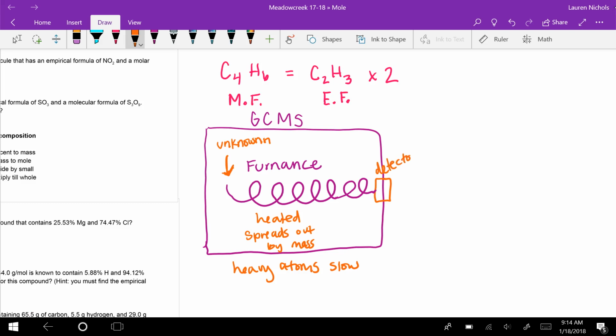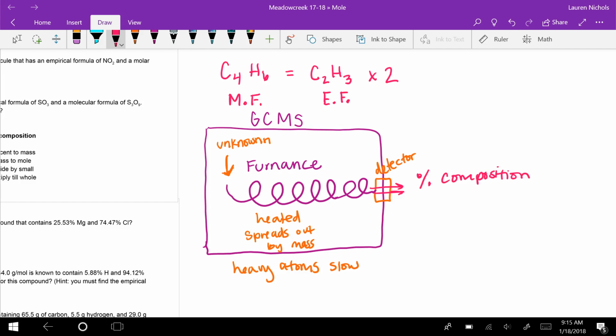And as it spits out these superheated atoms, it counts them. And because they're separated by mass, it can determine it just counted 50 hydrogen atoms and 40 carbon atoms. And while it can't put the formula together, what it does is it spits out a percent composition.